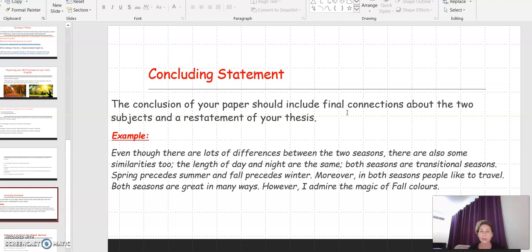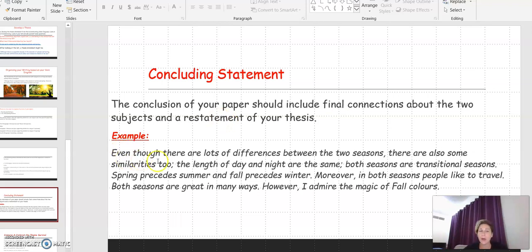You don't go into details, but you give a connection between both seasons, autumn and spring. And you give a restatement of your thesis, rewriting the thesis from the introduction in a different way.